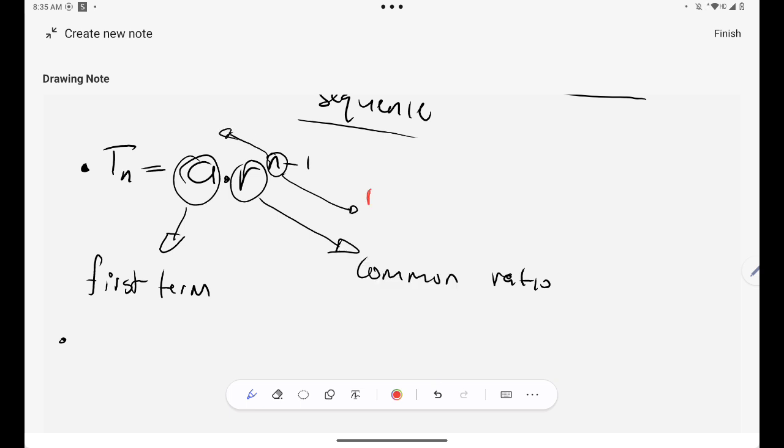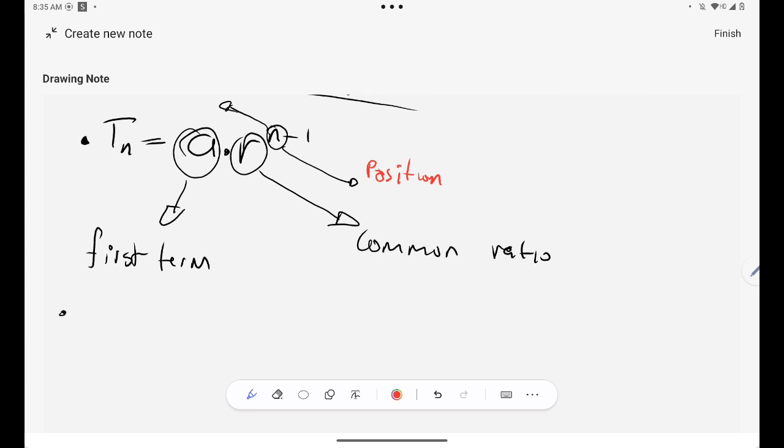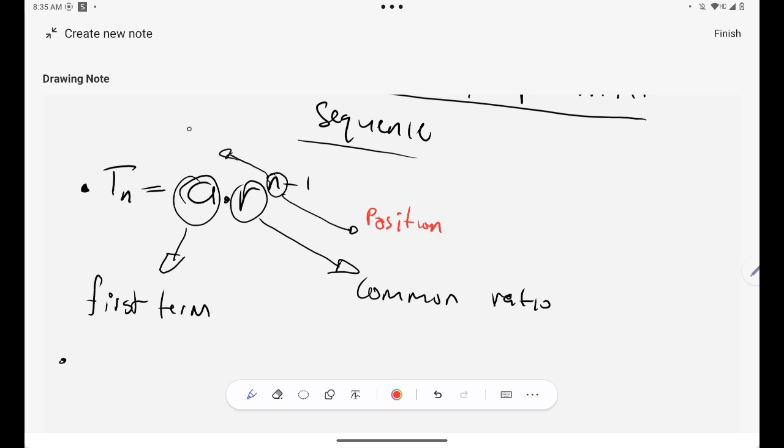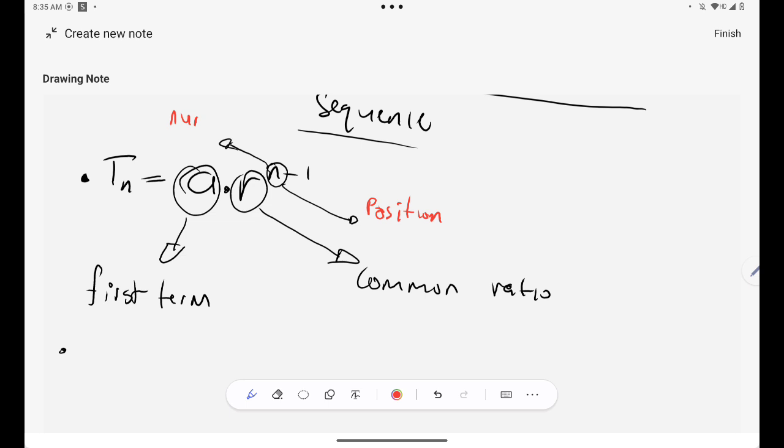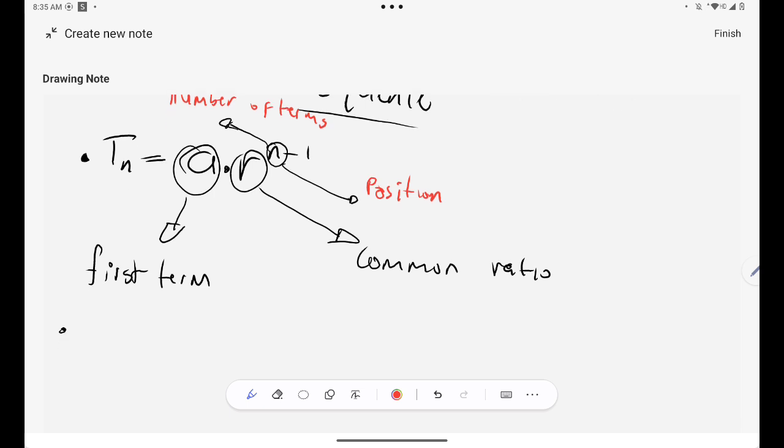It can give you the position of a term, or the number of terms. Are we together?